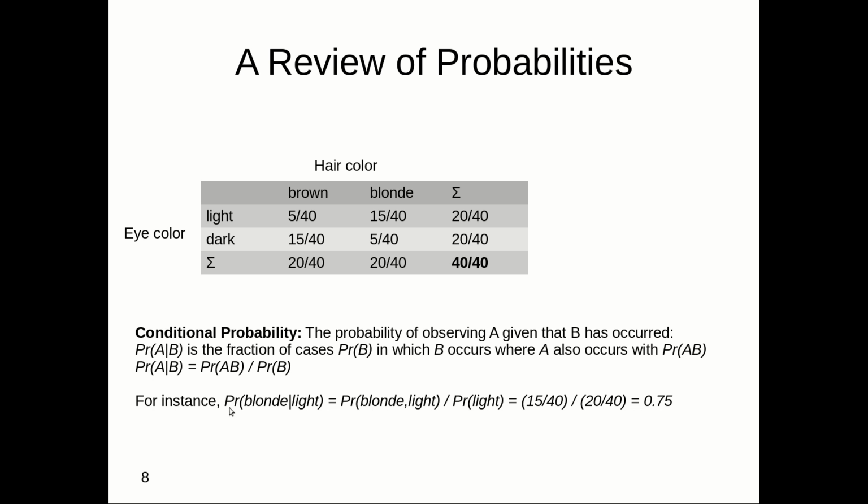For instance, the conditional probability of observing blonde hair color, given that he's got light eye color, is the joint probability of observing blonde and light divided by the marginal probability of observing somebody with light eye color.